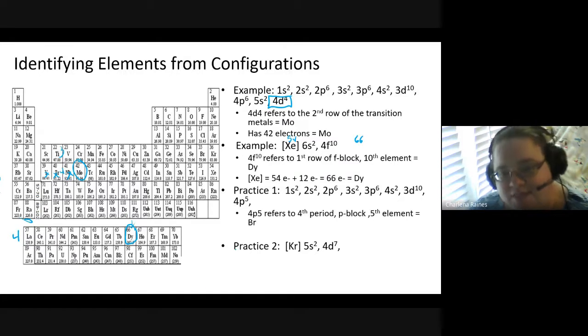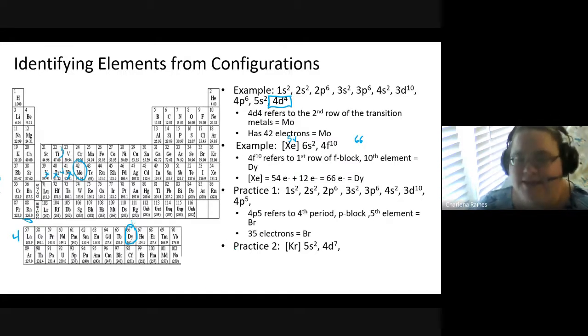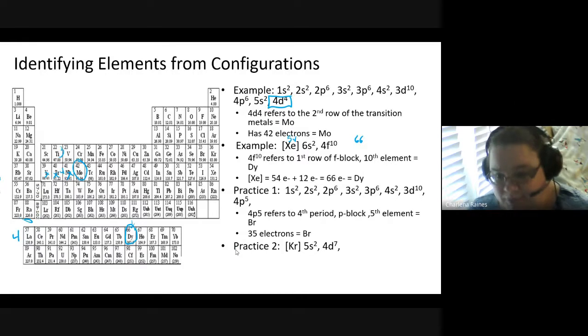So pick the method that makes the most sense to you. I would say the most mistake-proof is to add up your exponents, especially if you're not comfortable reading that last part of the configuration. So the only thing you got to remember is with the abbreviated, the noble gas configurations, to account for the electrons that are in that abbreviation.